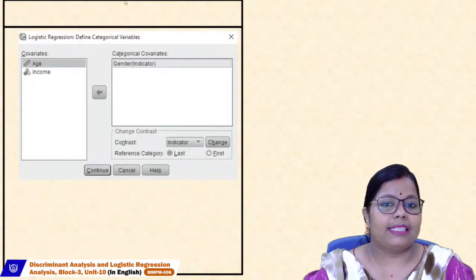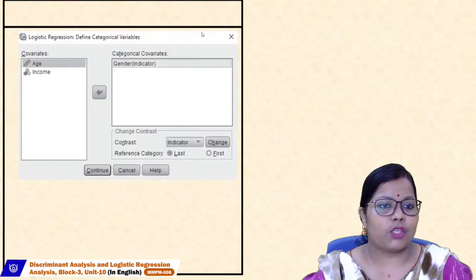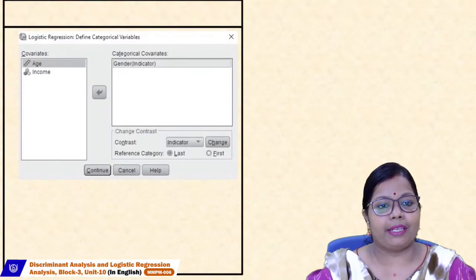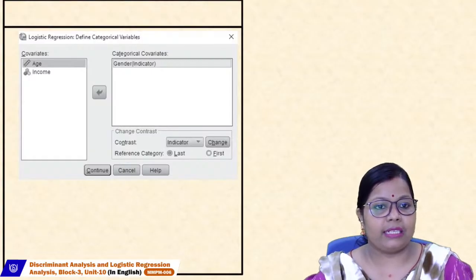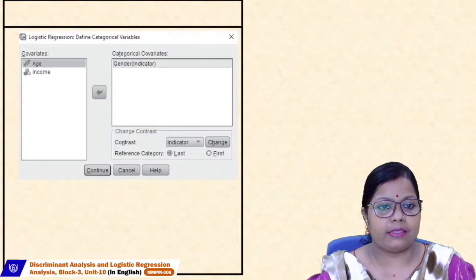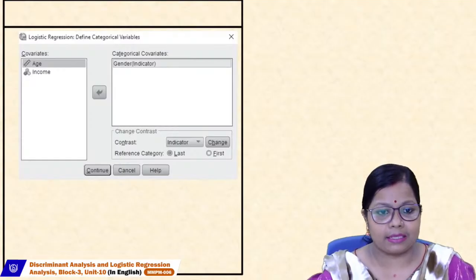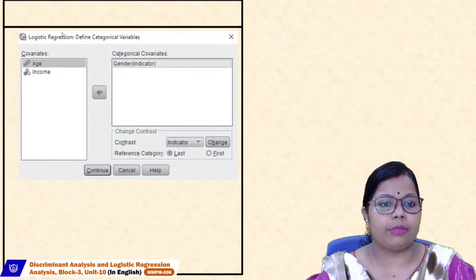After that, this logistic regression screen will come. What we have to do now is select the factors we have defined, age, income and so on, which are the independent variables, to the right hand side of the box here.